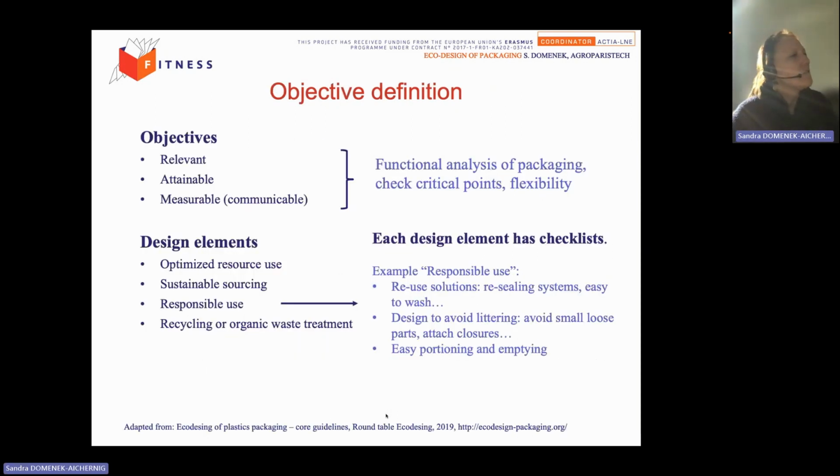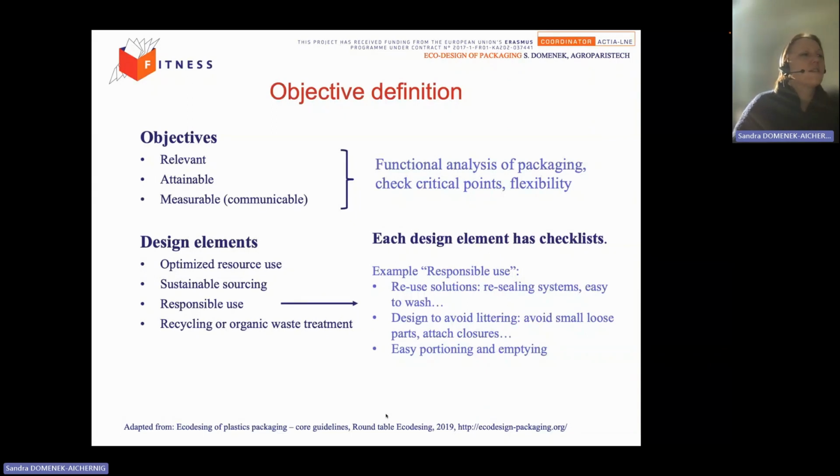Okay. So in your very first beginning of these design steps, you need to define the objective of the eco-design process. So objectives need to be relevant, attainable, and measurable, which means communicable. In that case, you need to do a functional analysis of the packaging and of the service the packaging is going to give to the consumer.